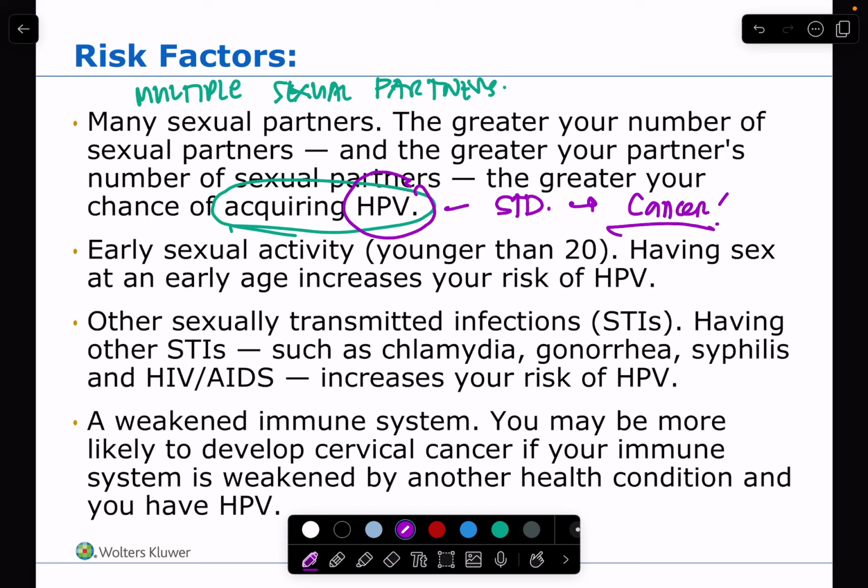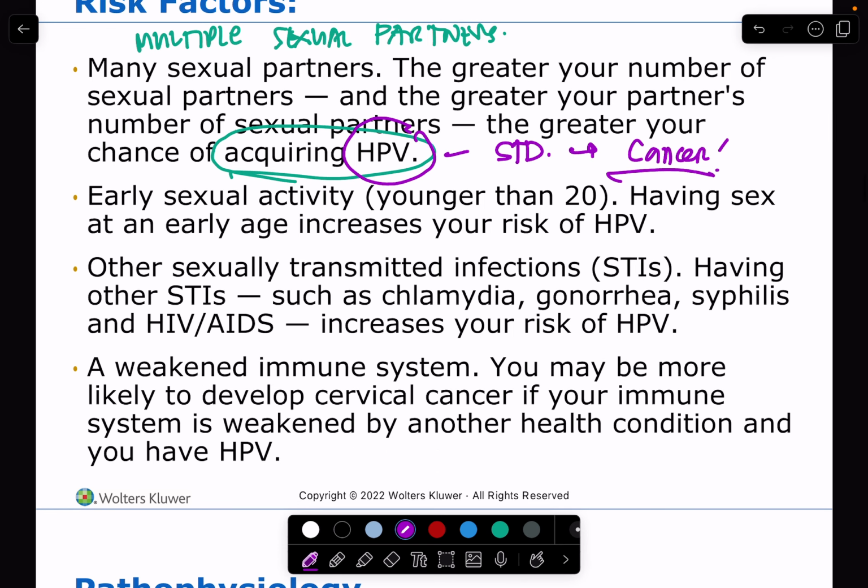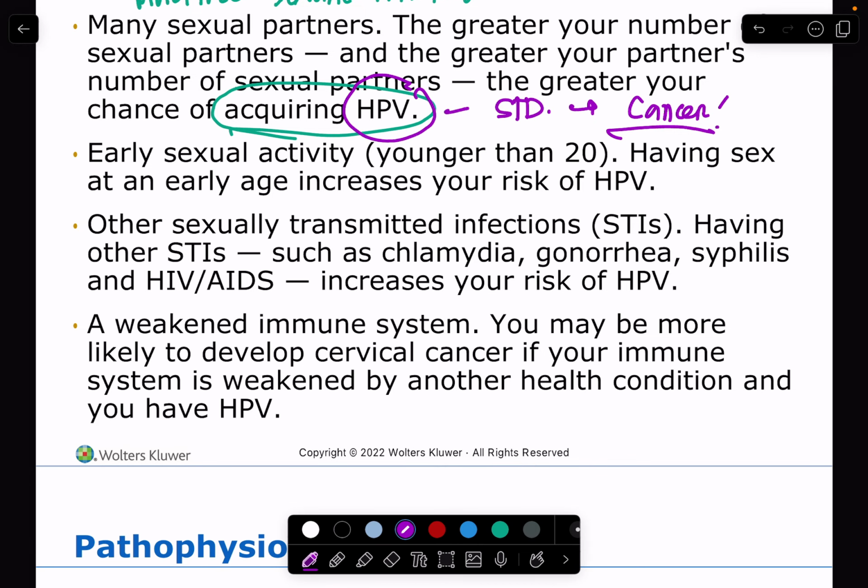Other sexually transmitted infections, like chlamydia, gonorrhea, syphilis, and HIV or AIDS, increase your risk of HPV. A weakened immune system could also be a contributory factor. You may be more likely to develop cervical cancer if your immune system is weakened by another health condition and you have HPV.